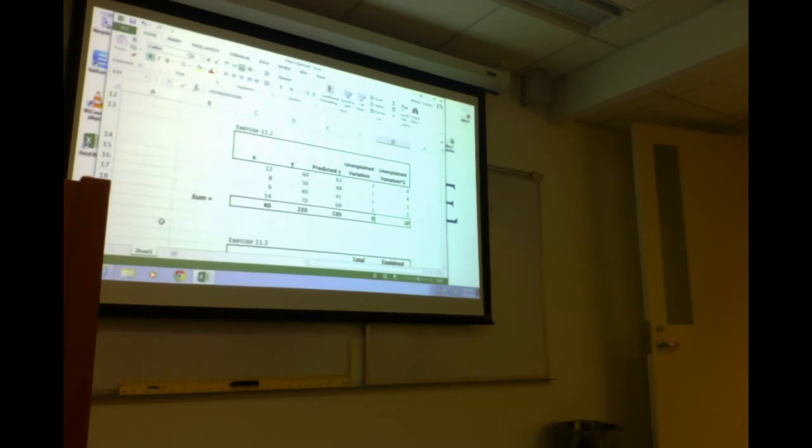So 10 divided by 2 is 5. Square root of 5 is 2.24. So our standard error of estimate is 2.24, as you can see at the top of page 403.